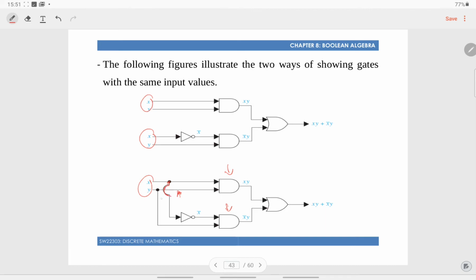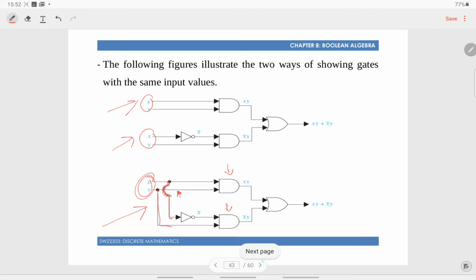It passes through from above this line. We use this sign. So it goes here, and the same goes with this one, the black dot goes here. That means these two gates are using the same inputs. So this is the branching method. For this one, we just list down all the inputs normally, no need to use branching. This one is for the branching method.